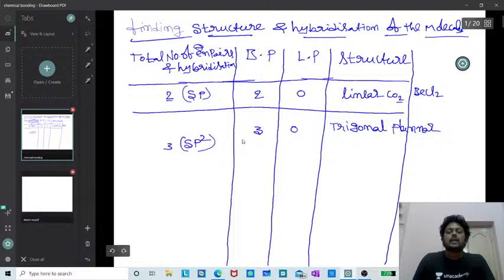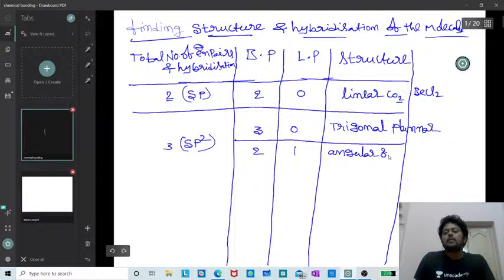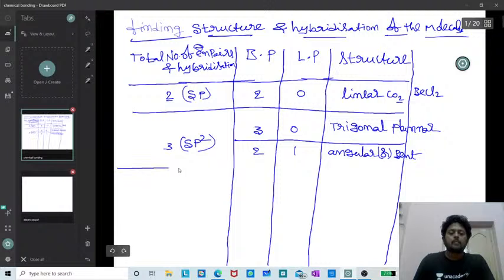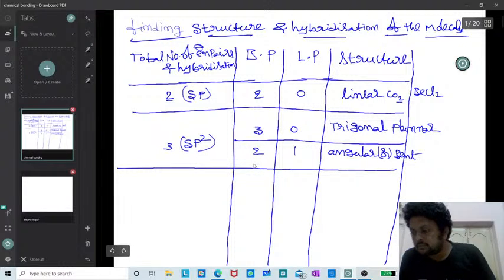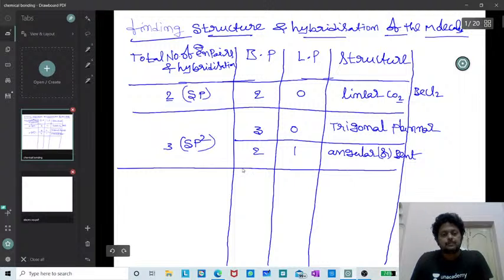Next, if 2 bond pairs and 1 lone pair, geometry is angular or bent.